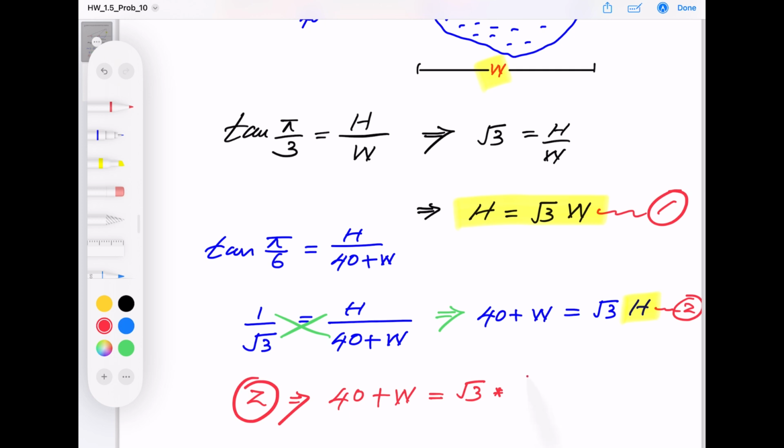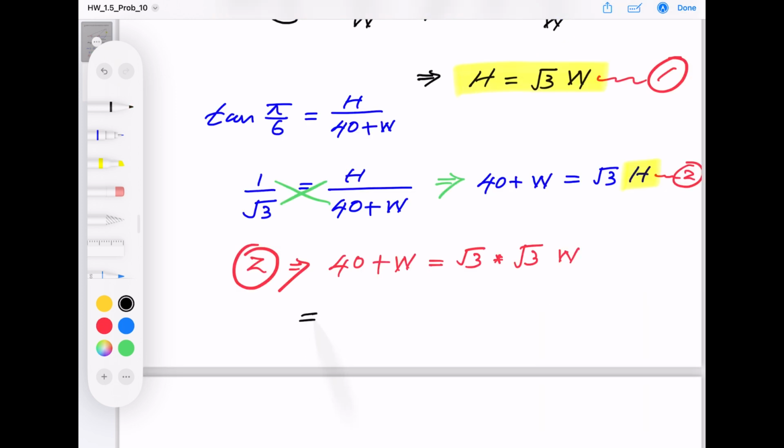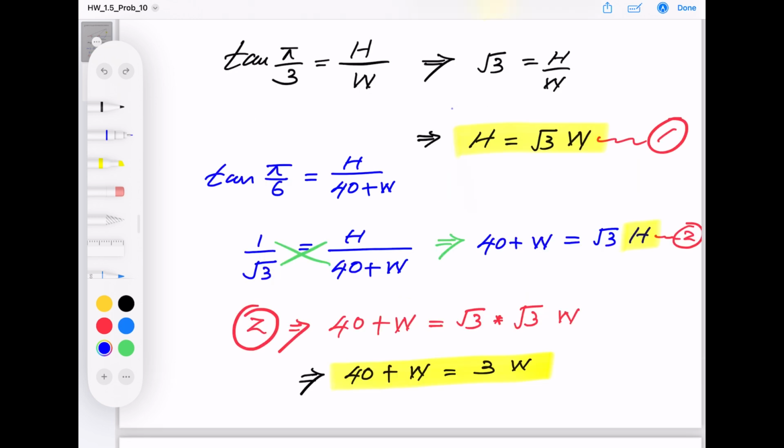H will be replaced as square root 3 times w as seen from equation number 1. Now you can see that this equation becomes 40 plus w equals 3w. That's a very simple linear equation. You can solve that and find w. Once you have w, you can go back to equation number 1 and substitute that value of w. Then you can get the value of h.